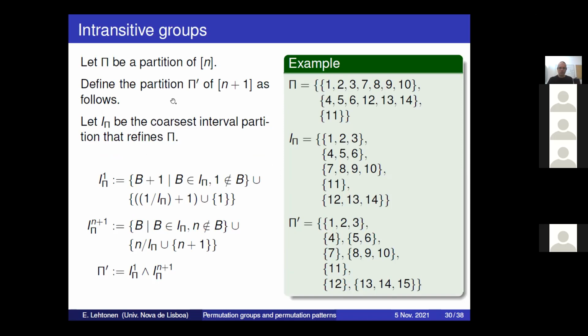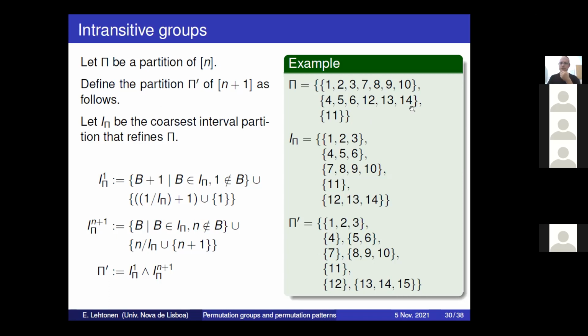For the group S pi, we can describe the compatible n+1 permutations in terms of partitions. So given a partition of the n element set, we define a new partition of the n+1 element set in the following way. So this is best illustrated by this example. So here is a partition of 14 elements.